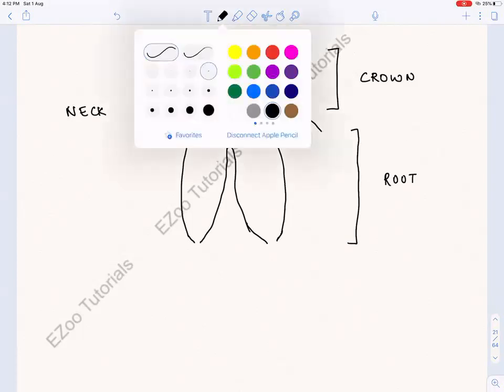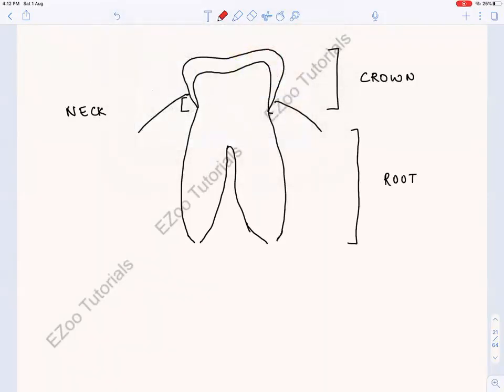Then there's the dentin, and then there is the pulp. I am drawing this root. Okay, so this is the portion that I am drawing. There is an opening that we will label, right?